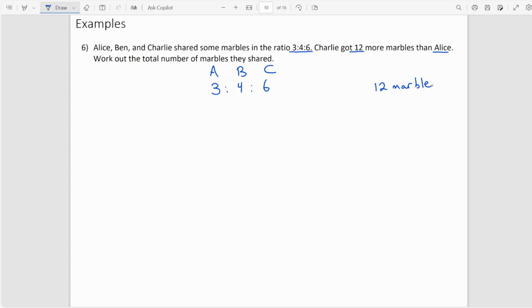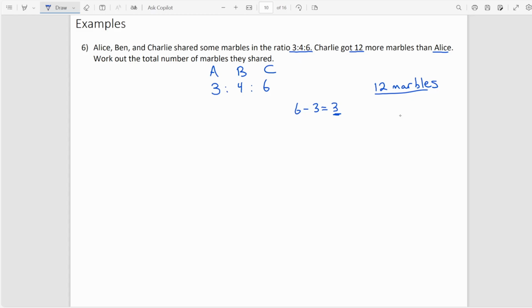marbles. Now, let's take here, what is the difference in parts between Charlie and Alice? Charlie has 6 and Alice has 3. So 6 minus 3 gives us 3. So in the ratio, there is a 3-part difference between them. And that 3-part difference is 12 marbles. So again, what do I want to find?